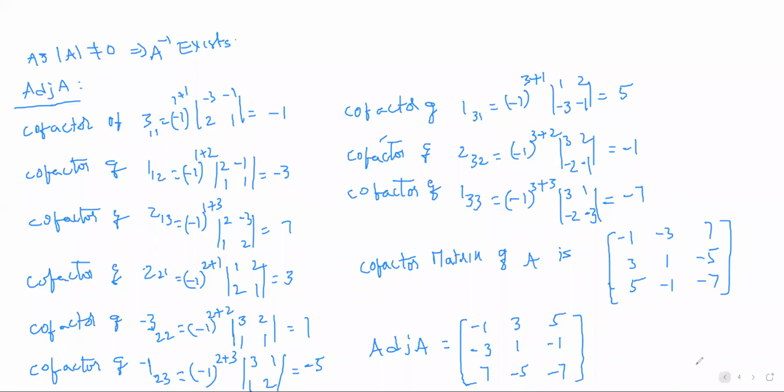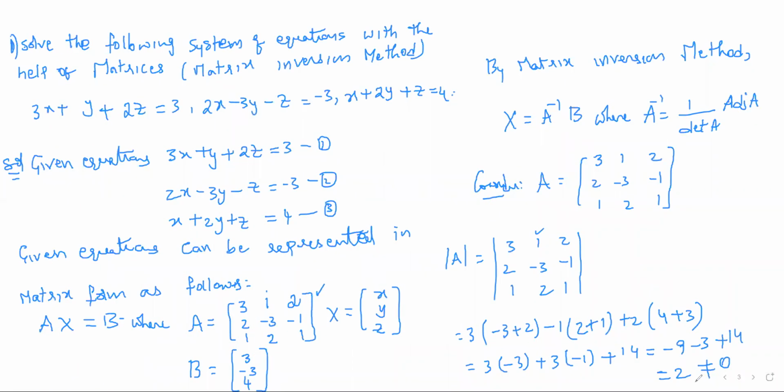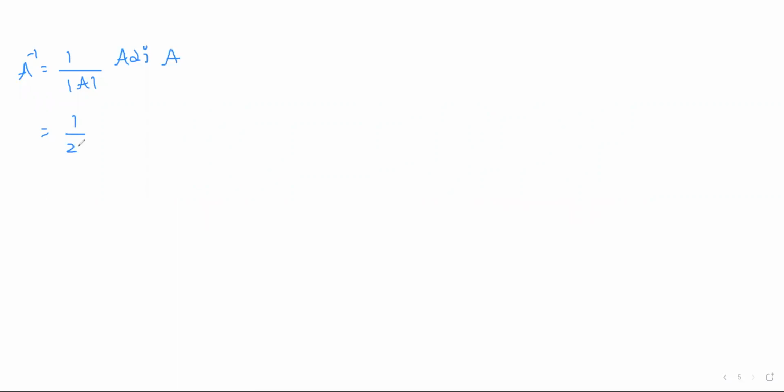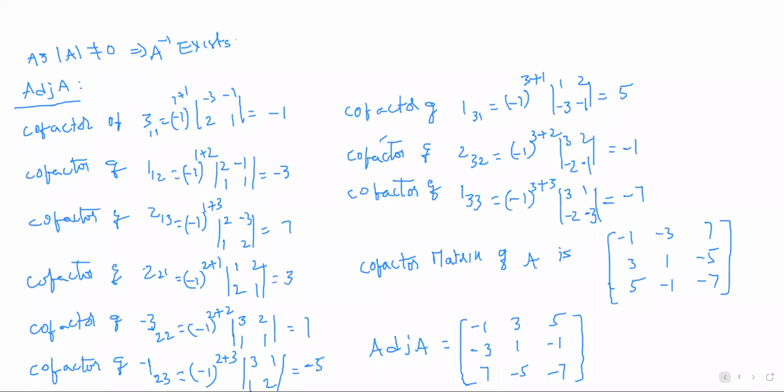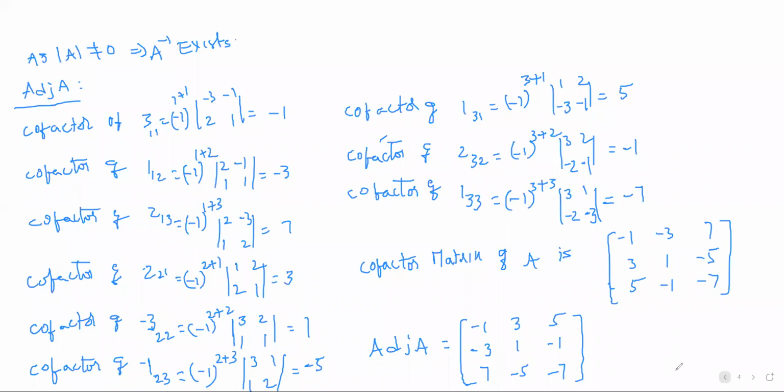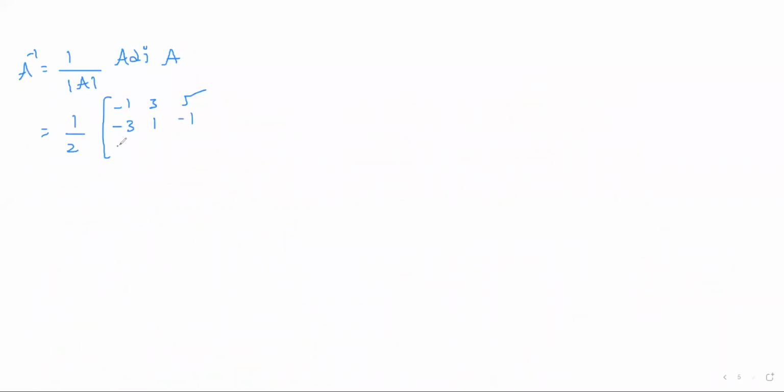Already we got 2, sir. 2 కదా? Okay, 2 into adjoint A. Adjoint is minus 1, 3, 5; minus 3, 1, minus 1; and third row 7, minus 5, minus 7.